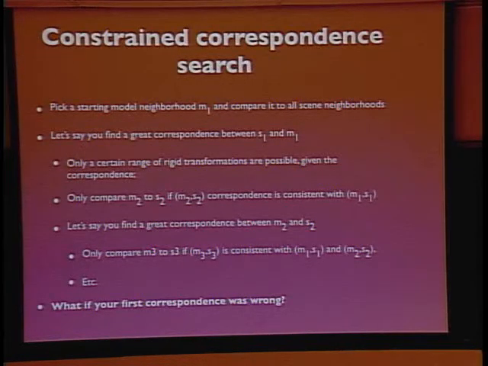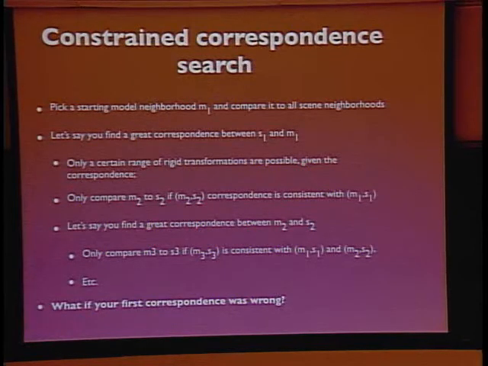So if this is the object model and this is the scene, and I say that the thumb corresponds to the thumb, then I can really only do a limited amount of rotating and no translating at all, really, in order to make the rest of the object line up with the scene. Or not even to make the rest of the object align with the scene, just to respect that first correspondence.